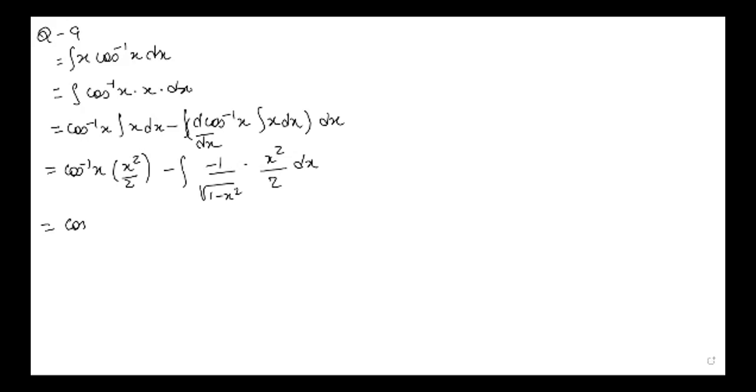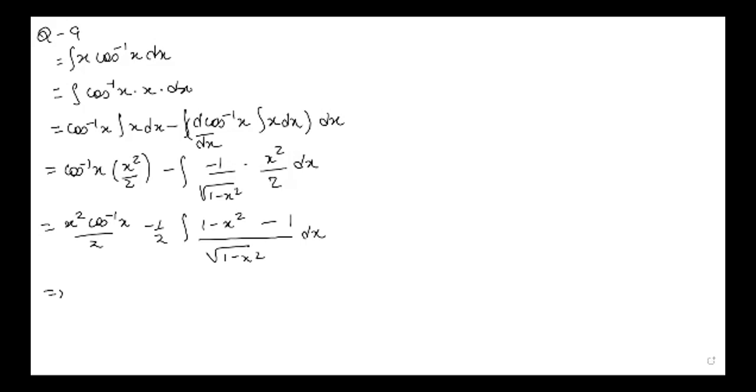So this will be x square cos inverse x by 2. This minus 1 by 2 will come outside, and this x square, I will write as 1 minus x square minus 1. This plus 1 and minus 1 will get cancelled out, and I will have this same minus x square.